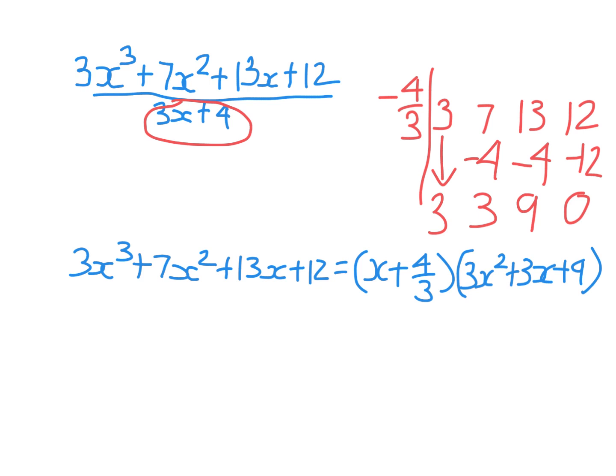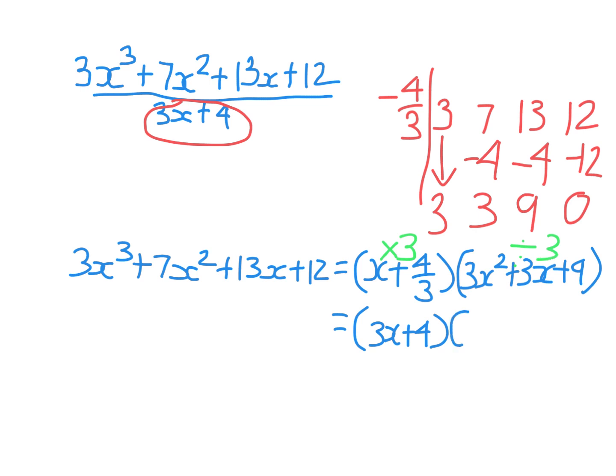So what I want to do is multiply this whole polynomial by 3. So that will give me my 3x plus 4. I multiply each term by 3. But I can't just multiply this by 3. I would be changing the whole answer by a factor of 3. So if I've multiplied that first polynomial by 3, I need to divide this one by 3.